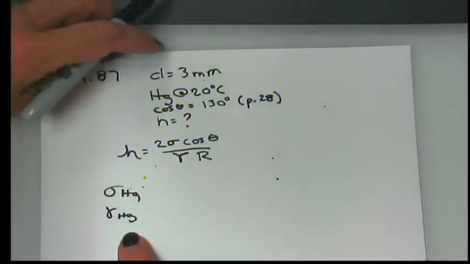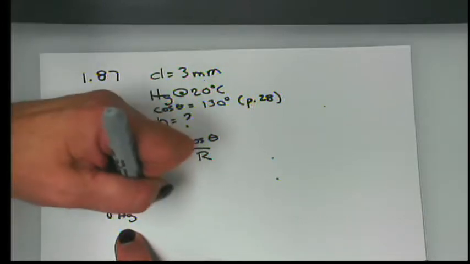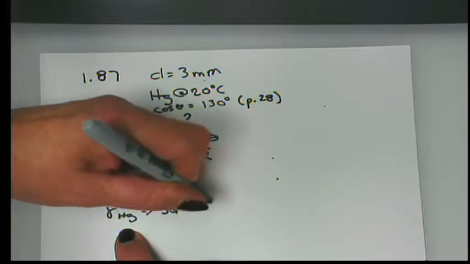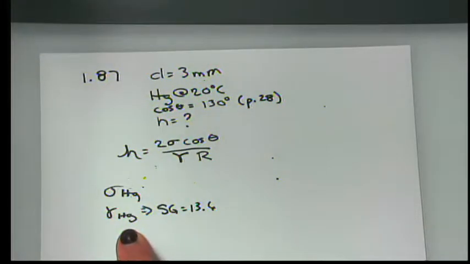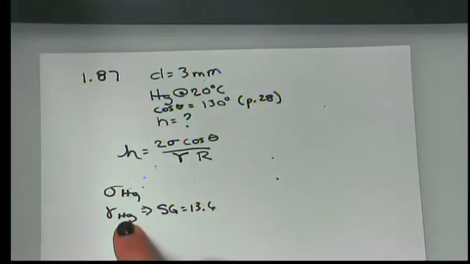Well, one thing we know about mercury is it has a specific gravity of 13.6, meaning that it is 13.6 times as heavy as water. So whatever units we need, we can multiply by 13.6 if we have the value for water.